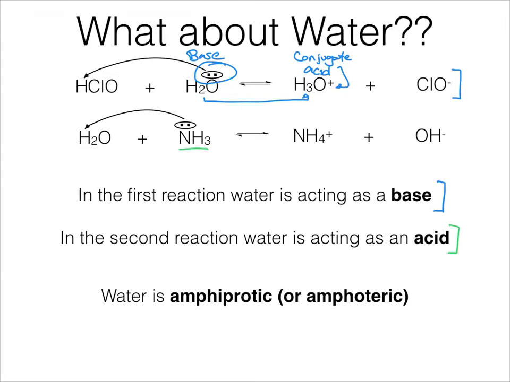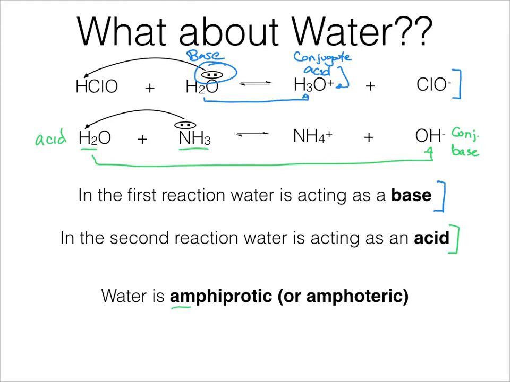So the ammonia takes this proton from the water, and that water turns into hydroxide. In this case, our hydroxide is our conjugate base, and our water is our acid.